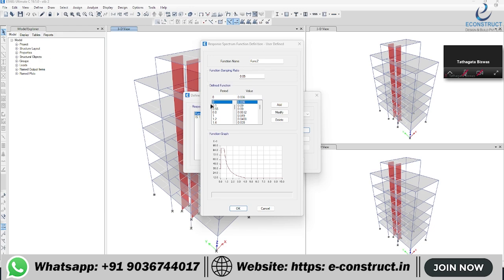Let's say the value is coming 0.5, for example. Then everywhere you need to modify it to 0.5. Understood? The period stays the same, you don't need to change it, because this is a system generated time period for the dynamic earthquake.